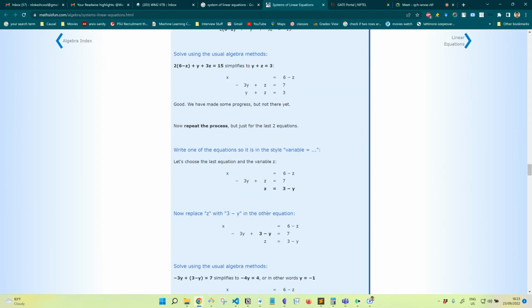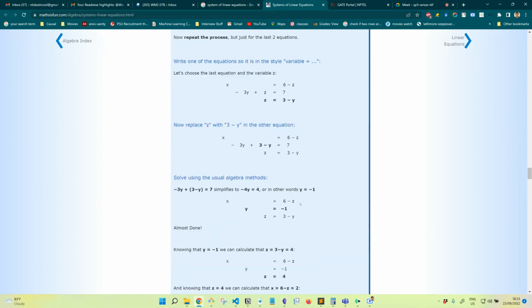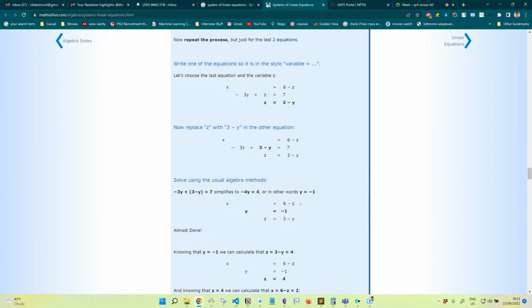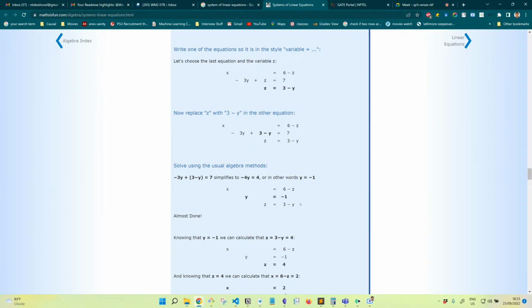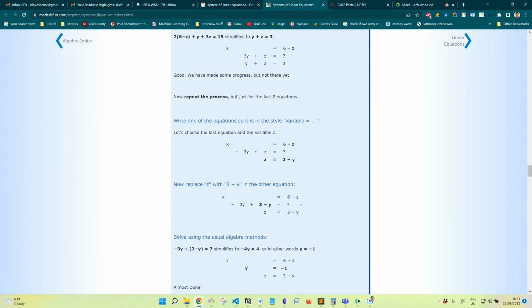Now let us check if the solution is correct. Oh, the solution is wrong. I think I might have made some calculation mistake somewhere.